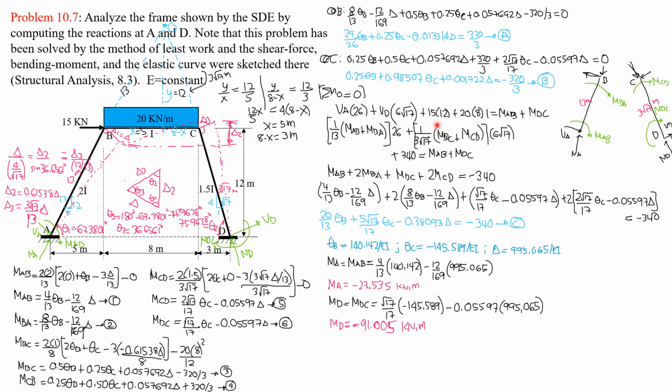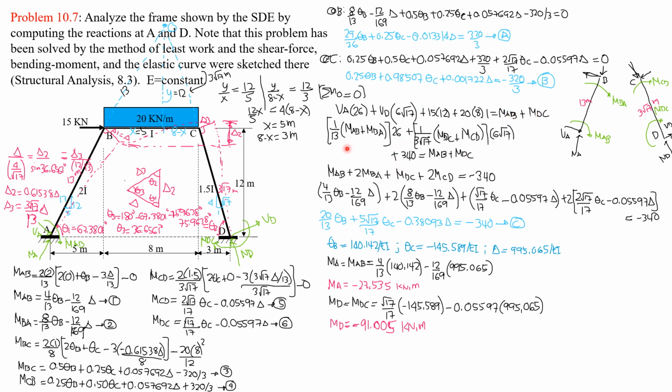Then shear at D is MDC plus MCD divided by 3 square root of 17. Then moment arm, just like earlier, 6 square root of 17. Then plus 15 times 12 plus 20 times 8 times 1 is 340 equals MAB plus MDC.